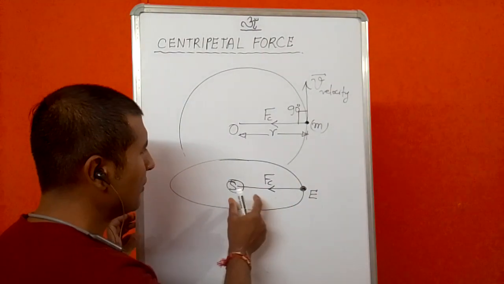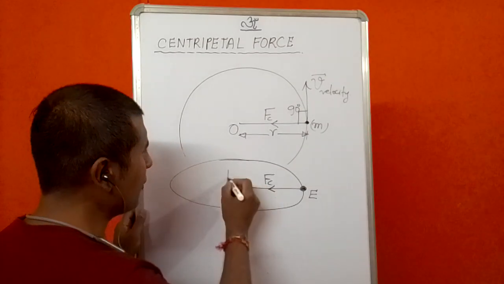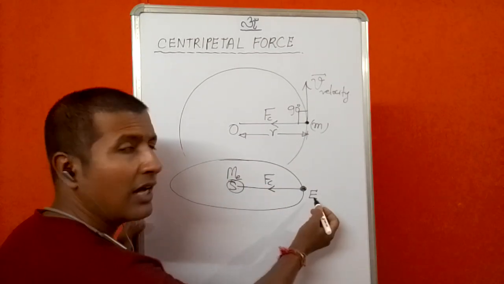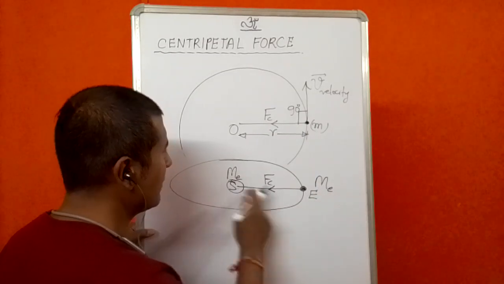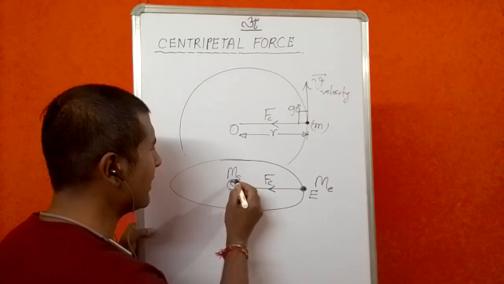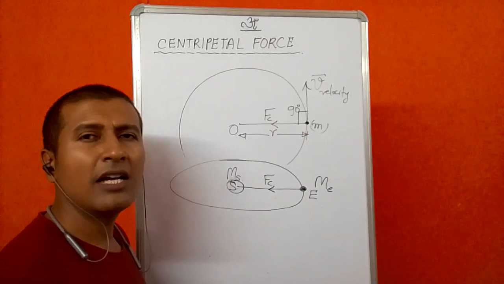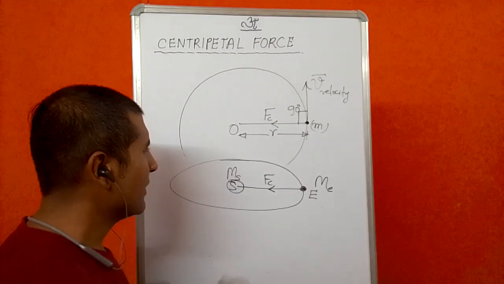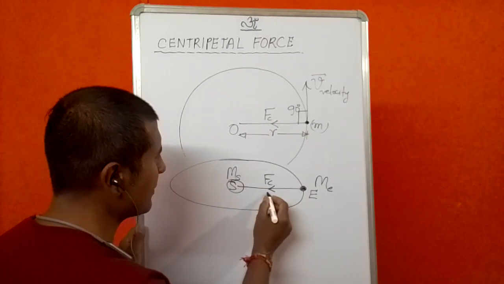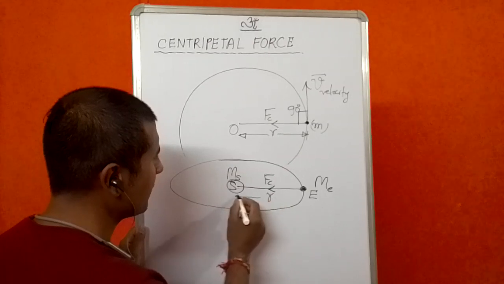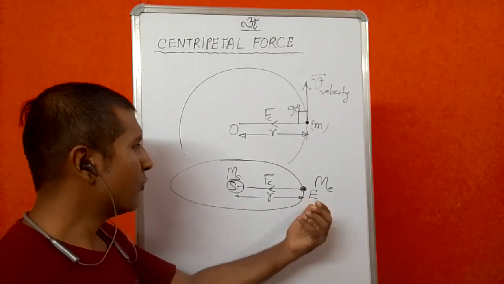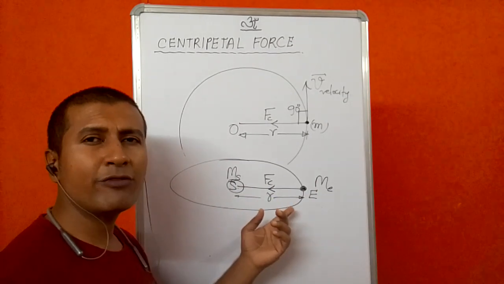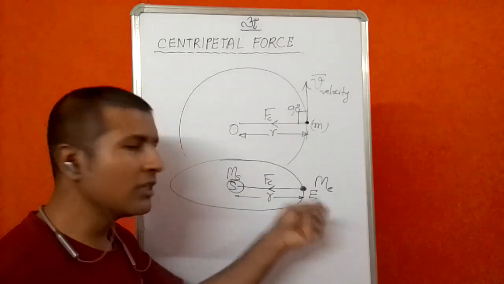Now, let's suppose the mass of Sun is ms and mass of Earth is me, right? And let's consider this distance as r. Okay? So now you tell me, what's the value of centripetal force applied by Sun on the Earth?